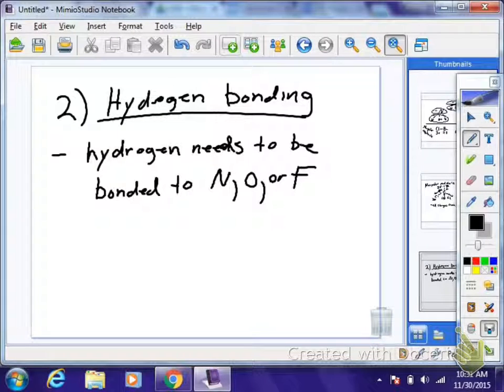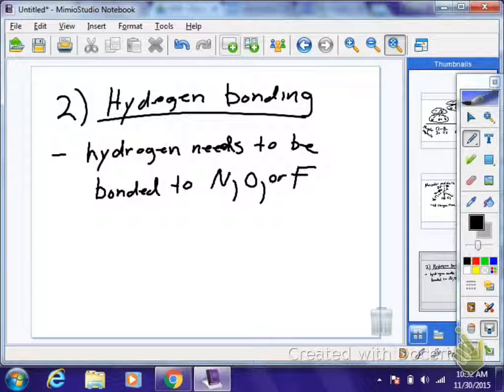So if hydrogen is bonded to one of those 3 elements, then we can possibly have and probably have a hydrogen bond occur. So I'm going to show you a couple examples of hydrogen bond, give you the reasoning for that, and then we'll be done.